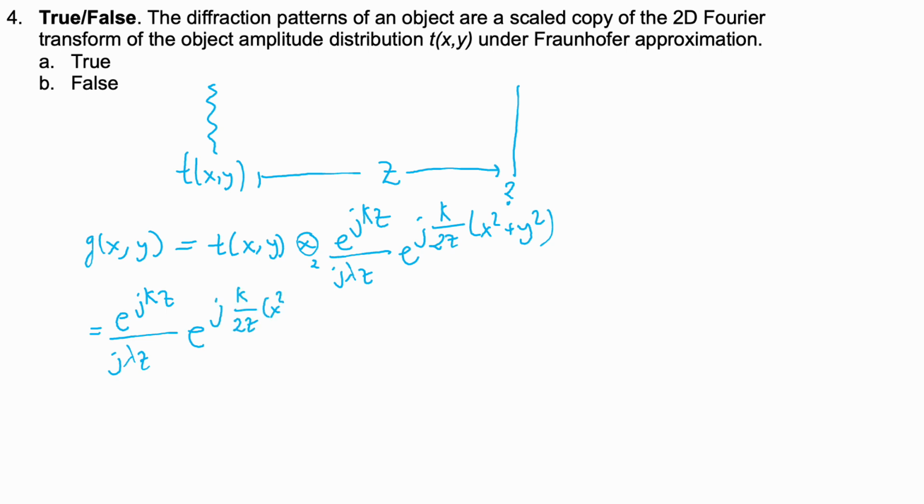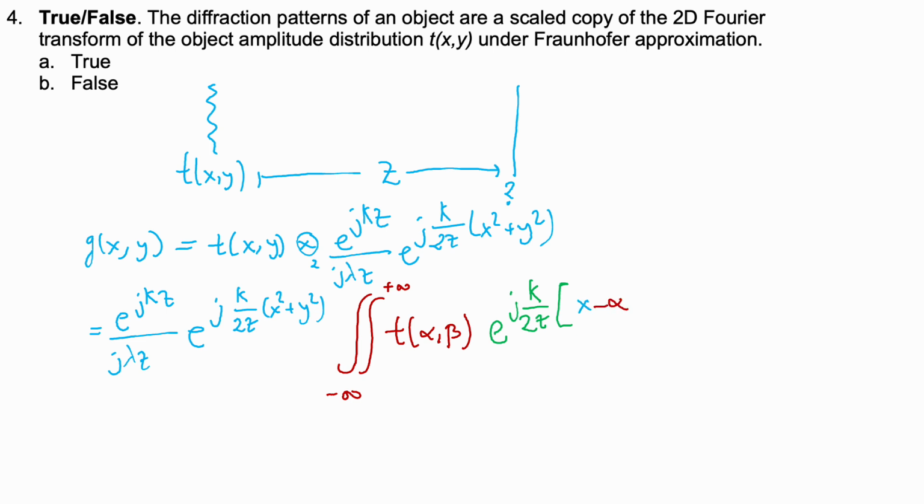So here we have x squared plus y squared, and now here we have our integral going from minus infinity to infinity of t of alpha beta, and then we have our complex exponential, the exponential of j k over 2c, where inside we have x minus alpha, and everything is squared, and we have exactly the same for our vertical component.